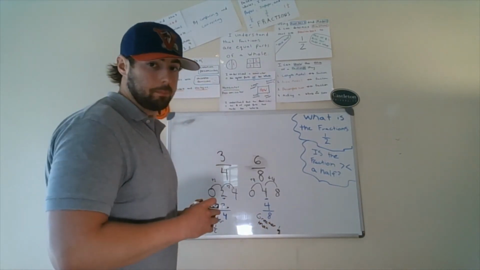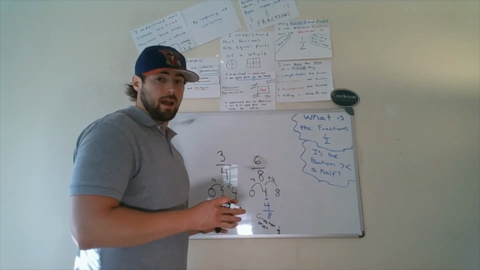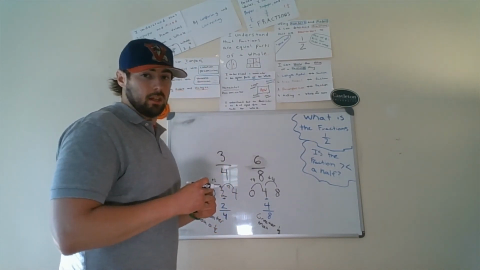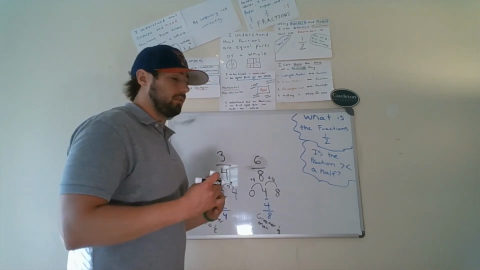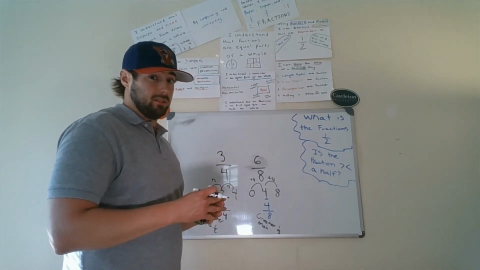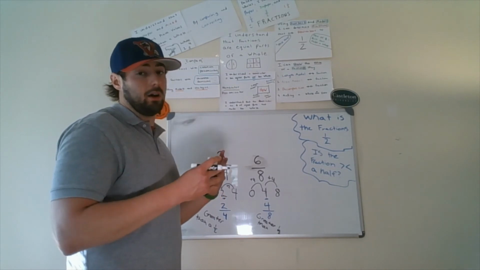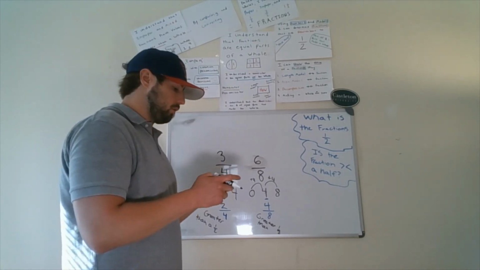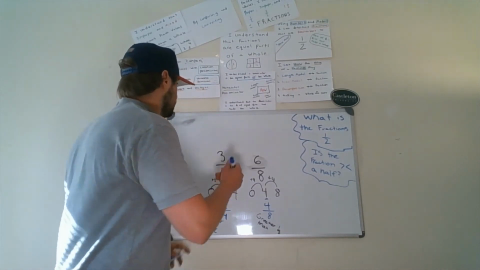Uh-oh, ran into that problem again. We tried to use a mental math strategy to compare these fractions. It didn't work out. Both are greater than a half. How do we compare them then? Let's go back to a strategy that we're familiar with. Let's do those length models.